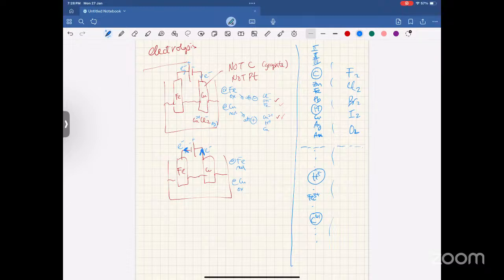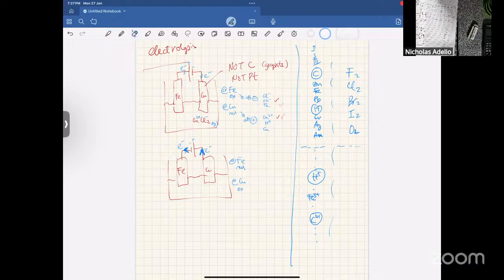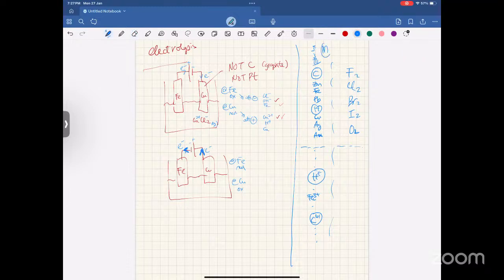Now, on the right-hand side, I prepared the other reactivity series, which you need also. That's the negative one. This is the metal reactivity series, and this is the non-metal reactivity series, which of course gives you negative ions. You need both of these. This is electrolysis.